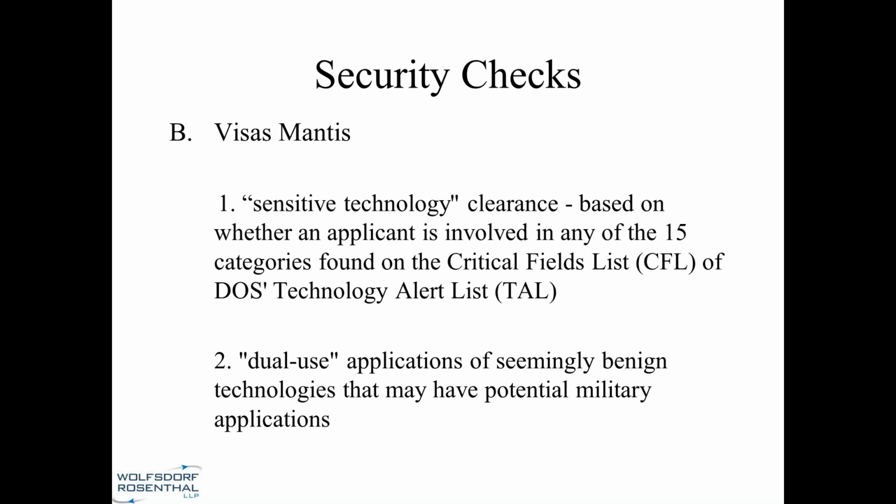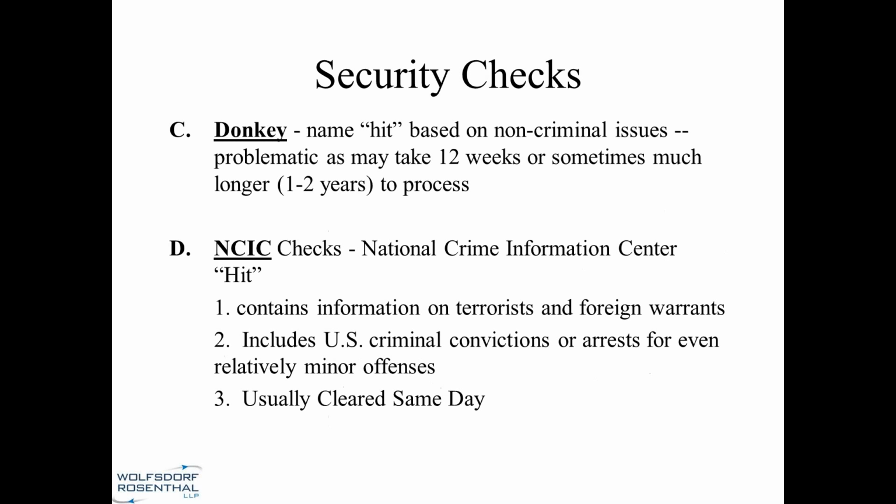It's got a lot of science fields in there. So if you're involved in one of these areas, and you're from a certain country, there's a high chance you could be subject to a Visa Mantis clearance. They're looking at dual-use applications, which may be seemingly benign technologies, but have the potential for military applications.